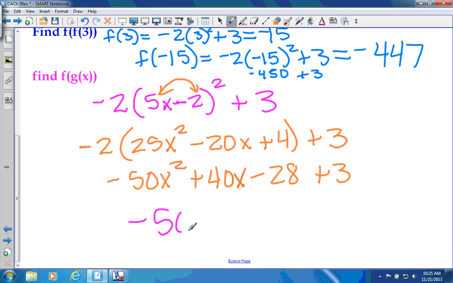So then your final answer, that's not 28, it's 8. Holy cow. Because a negative 2 times 4 is negative 8. And then plus 3 is negative 5.